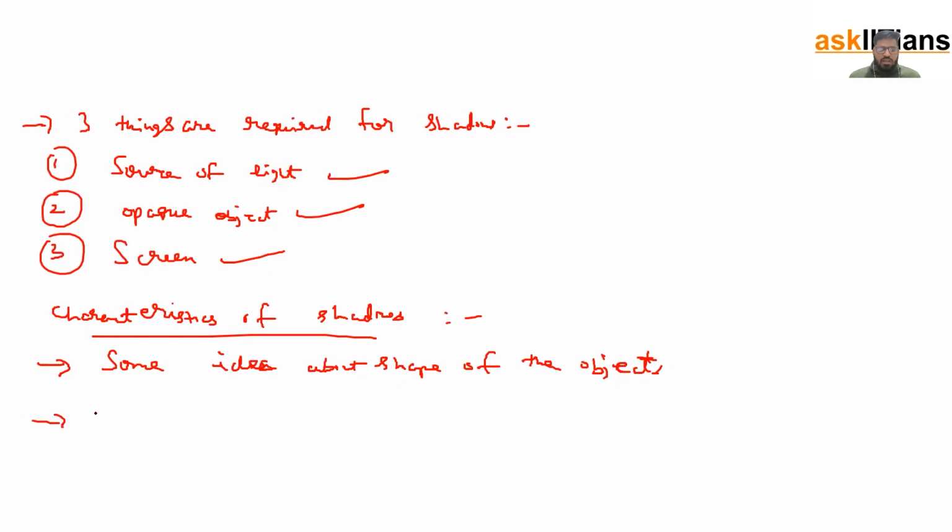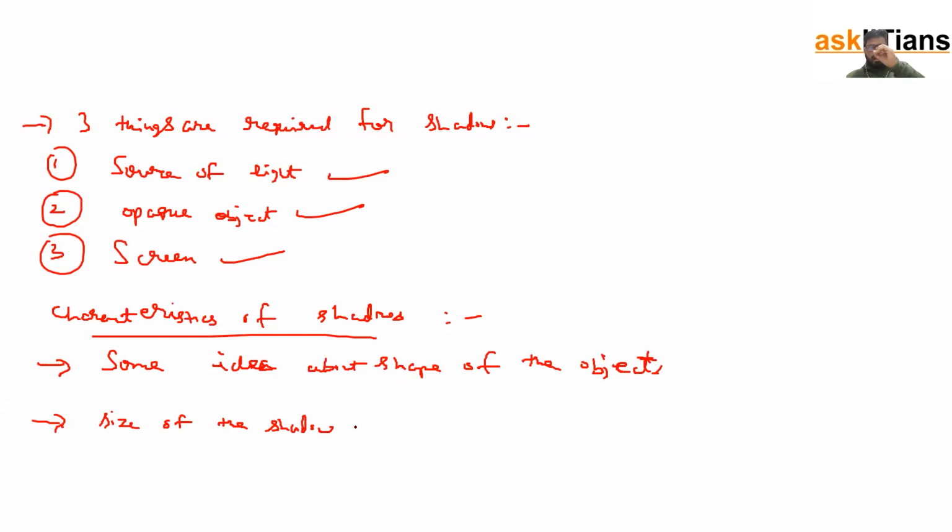So what is the other thing? The second characteristic is the size of the shadow. There can be two cases. Suppose you are standing in a dark room and placing a torch in front of your face at some distance like this. We will observe a shadow of bigger size of your face on the wall.